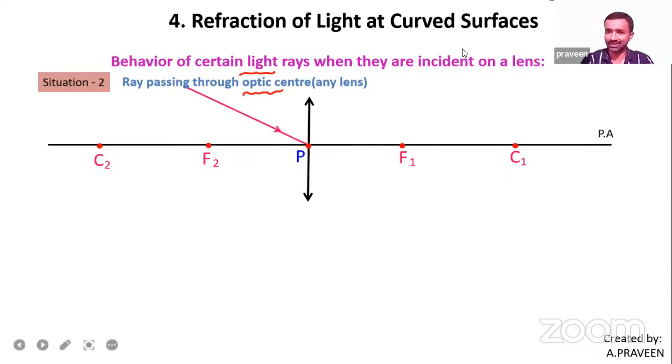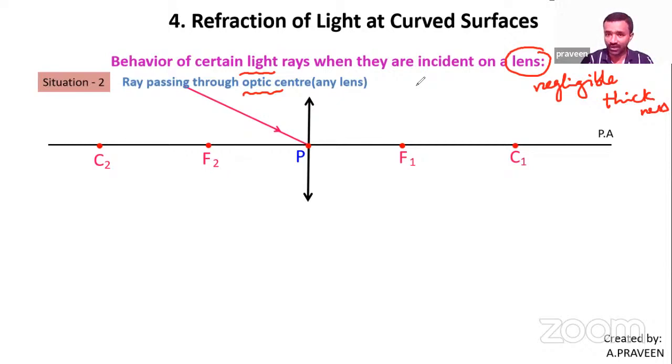Remember one thing: in this chapter, we are discussing lenses of negligible thickness. So in this case, there is no thickness to the lens. So we will consider that refraction of the light ray when it passes through the optic center of the lens is not considered.